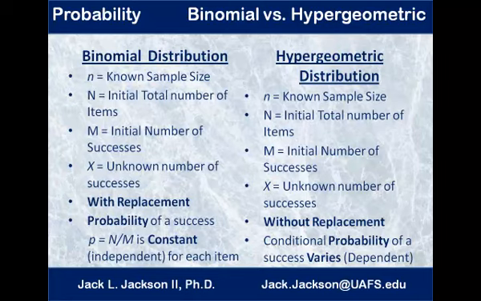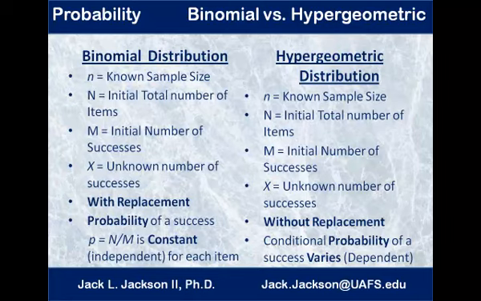That's the big difference. So what happens here, if you do it with replacement, it's a binomial distribution because the probability of success is constant. That P is M over N, and it stays the same. We've got independent trials. The probability is the same every time. But if we do it without replacement, the conditional probability of a success is going to vary depending on what happened before.